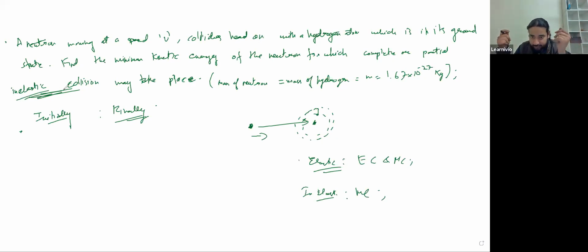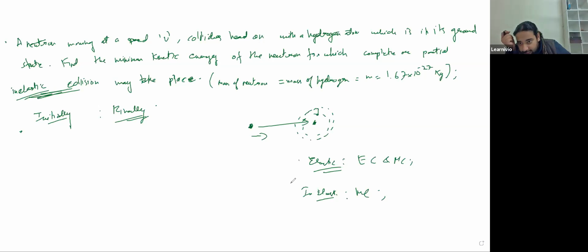You will only have momentum conservation unless you can figure out how the energy is not being conserved. When one says that energy is not conserved in an inelastic collision, that means the energy is being used in terms of heat, or, in this case, exciting the electron.